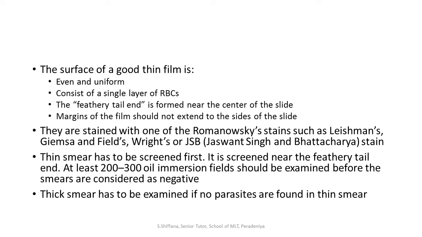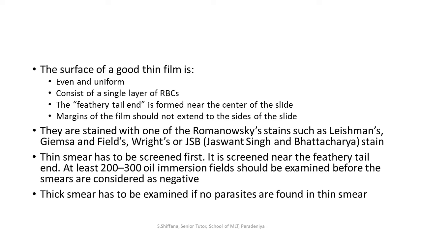Then when we prepare the working solution, we dilute it 10 times. So the concentration of the methanol is very low, and the water content is high. Sometimes without fixation, the red cell morphology may be damaged.